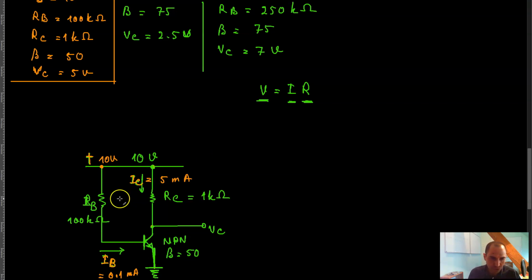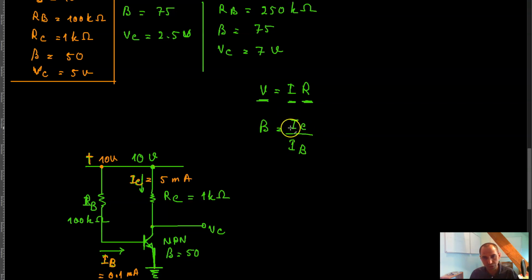Now, once you take care of that problem, depending on how much current is going through the base of the transistor, you know that beta is equal to I of C over I of B. So the more current that is going through your base, the more current is going to be going through your collector, because the beta over here is constant, and this ratio has to remain the same.